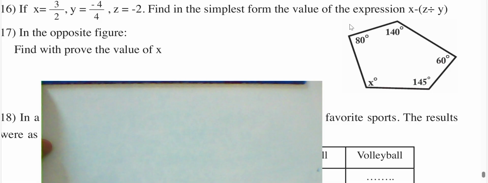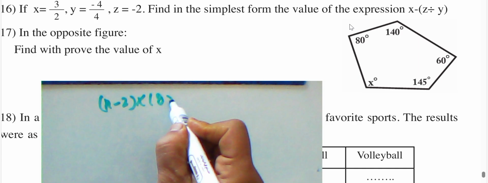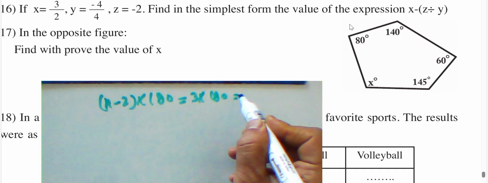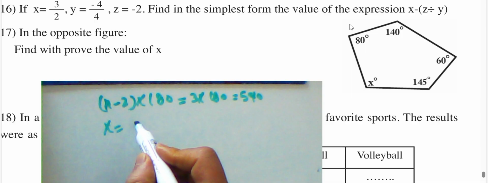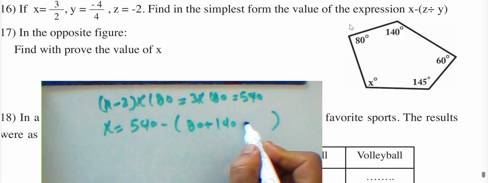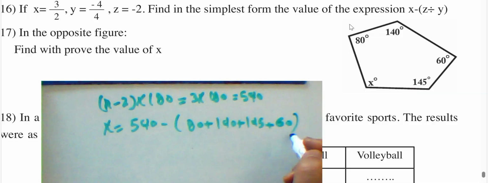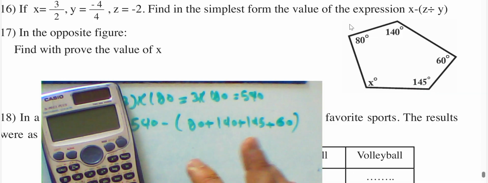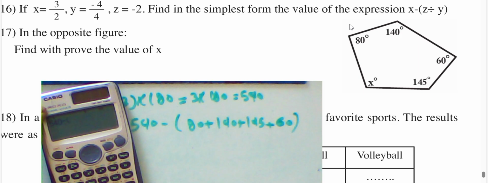The sum of interior angles equals 5 minus 2 times 180, which is 3 times 180 equals 540. Then x equals 540 subtract the sum of the interior angles 80 plus 140 plus 145 plus 60. We collect them together and subtract from 540, because the sum of interior angles of a pentagon is 540.